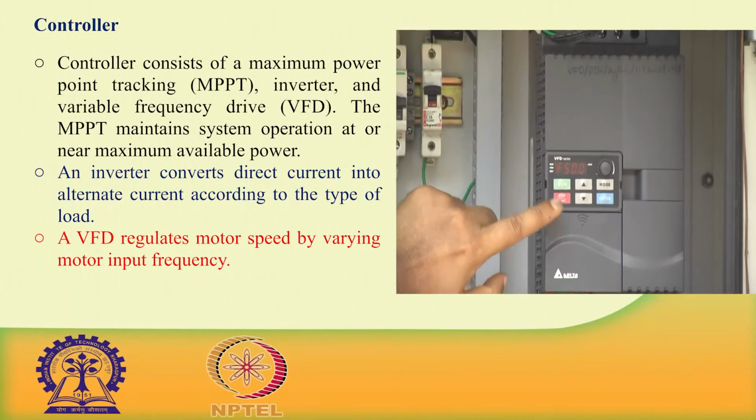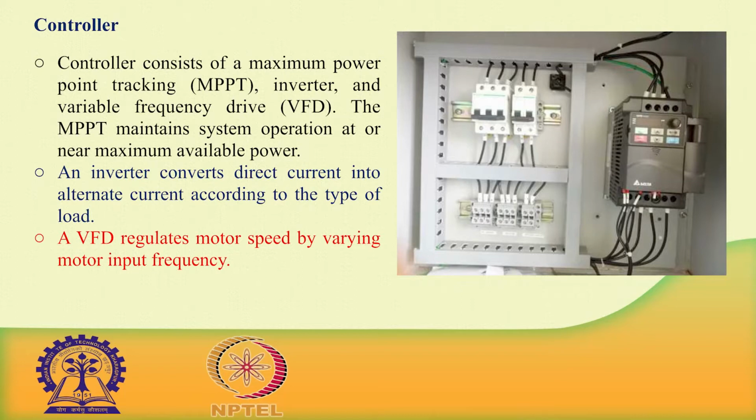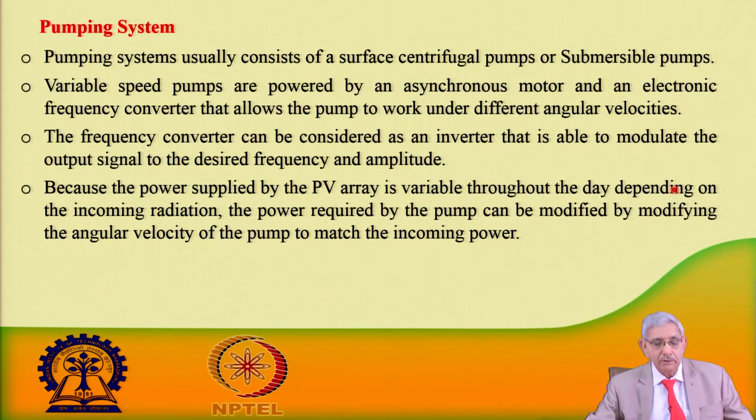So, here we have a VFD. A VFD regulates motor speed by varying the motor input frequency. An inverter converts direct current into alternating current, that is AC current, according to the type of load. Finally the energy is supplied from the solar system to the pump.